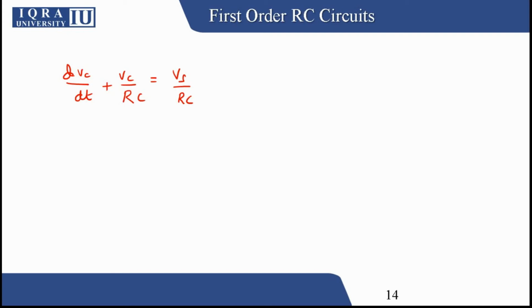So here we can also say that dVc over dt equal to minus Vc over Rc plus Vs over Rc.